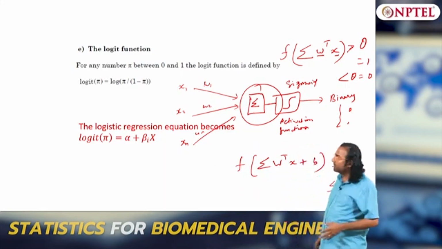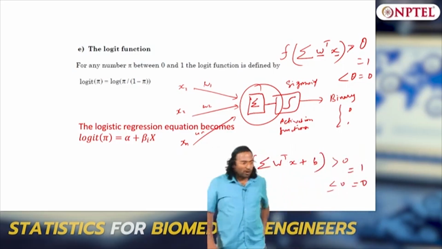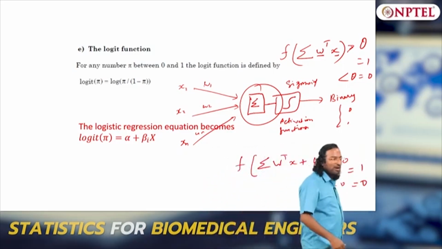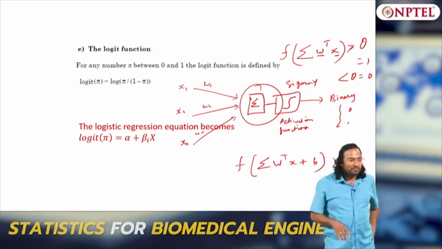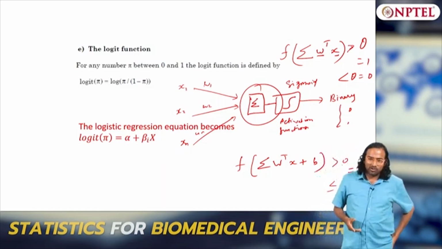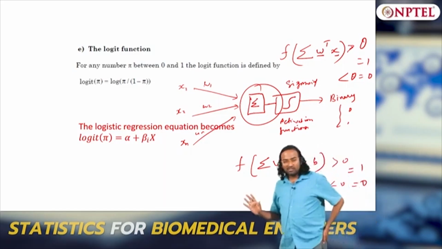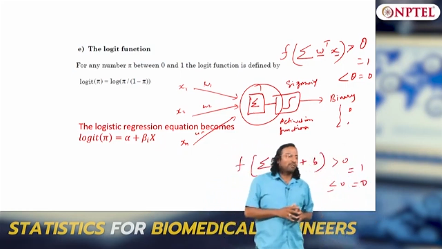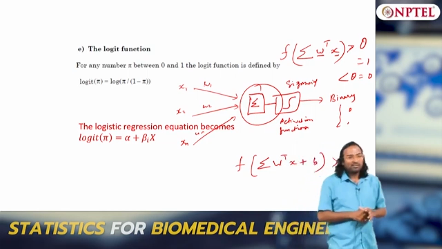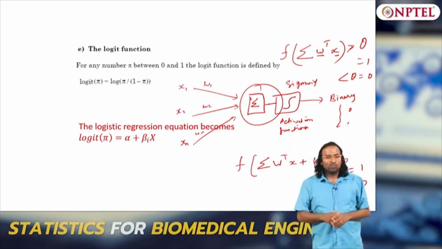If probability of y given x is greater than 0.5 you say the output is 1, and if it is less than 0.5 you have it as 0, and equal to 0.5 is the confusion point, you do not want that, okay. Clear, so that you could do a classification. So this logistic regression is actually an exact model of a neuron. Now the question is, what do I want to find out? What are the unknowns here? What is unknown here?